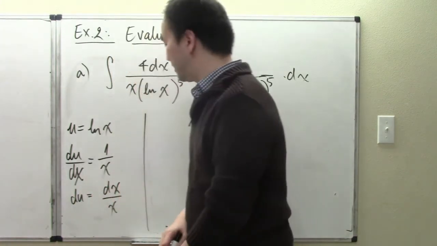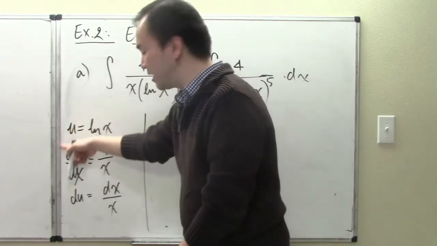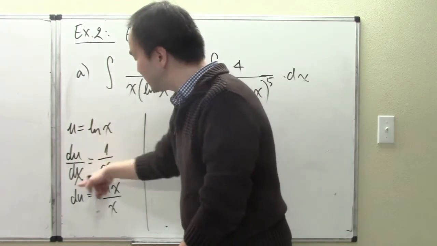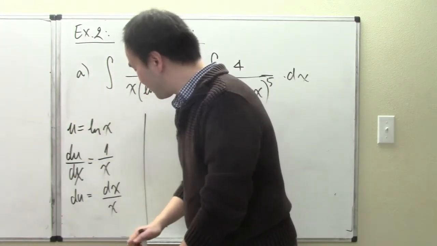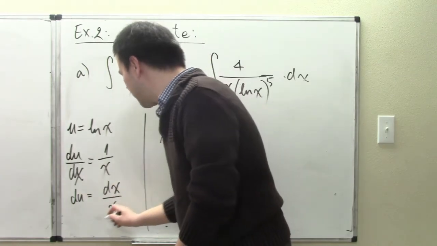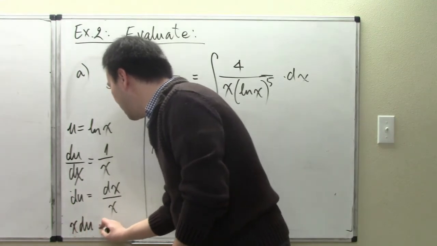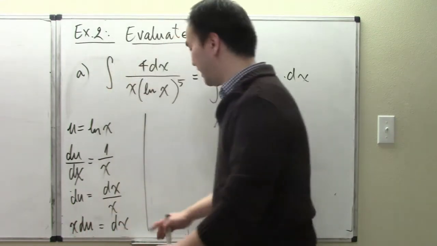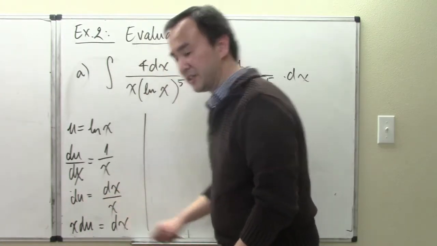Now I have said many times in this video lesson, it's all due to the fact that we are allowed to think of this expression as a fraction, one expression du over the expression dx. And so now I can solve for dx in terms of du, multiplying x to the other side. So x times du equals dx, and I can use that as an expression to substitute for my dx here.